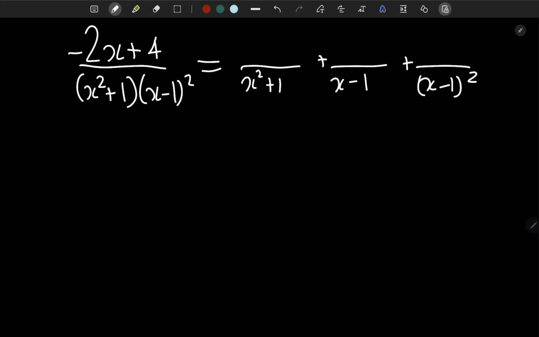Now the next thing you need to know is, you would notice that we have 4 unknowns and we only have 3 fractions. You notice that? So whenever we have a denominator with x to the power of 2 or more that is irreducible, the numerator is going to be ax plus b.